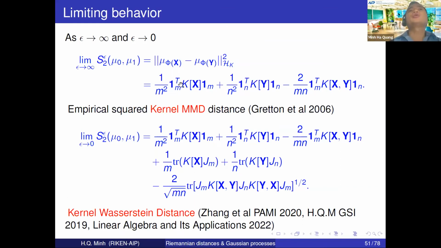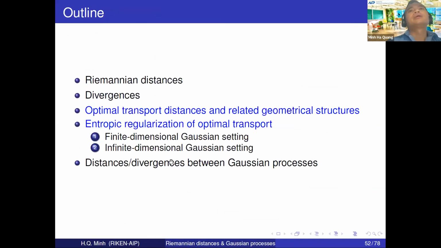So it's an interpolation between the maximum mean discrepancy and the Wasserstein distance. This is one way. This kind of Wasserstein distance was actually applied in computer vision, in the book. So that is one way to compute this empirically.